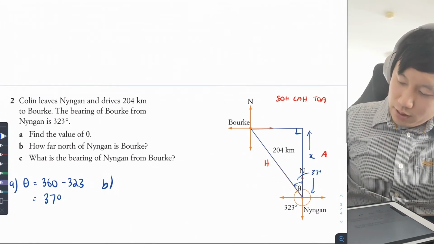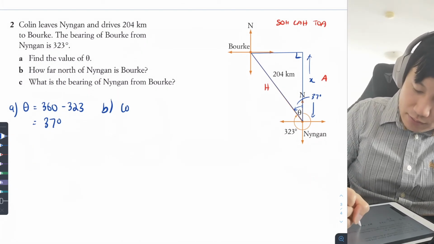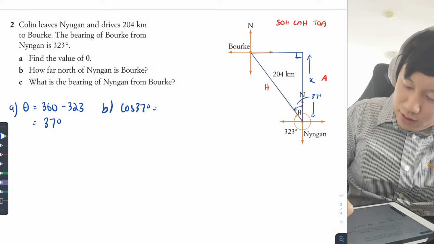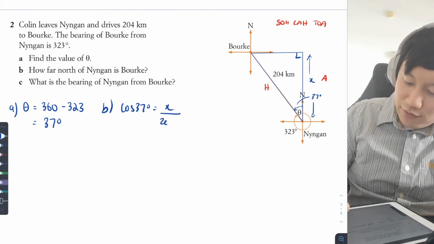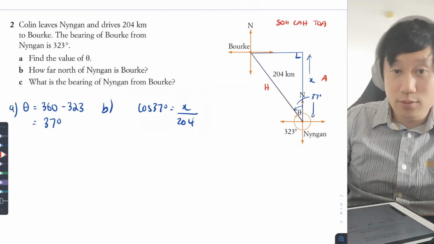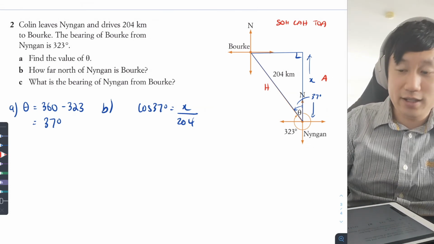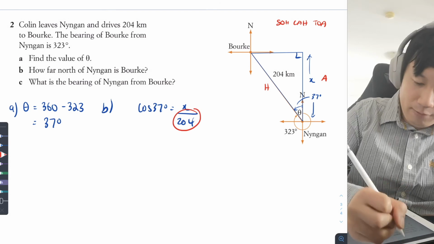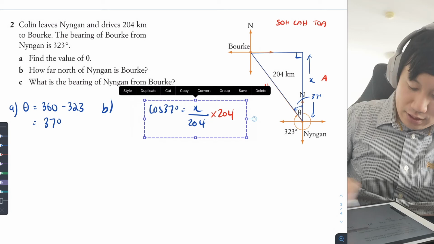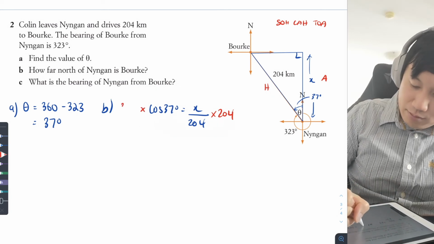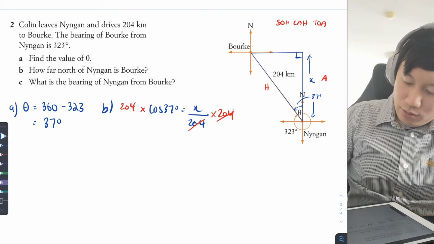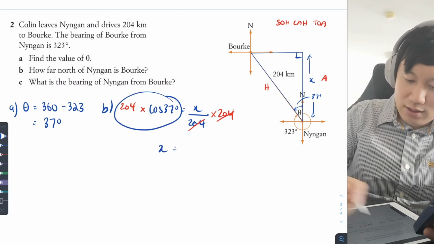So cosine of 37 degrees is equal to x over 204. And once again, I have my x on the numerator. So if I was to find x, I need to get rid of this denominator here. So I multiply this by 204, and I also multiply the left side by 204, so that these two cancel, leaving me with x equals to what this is.